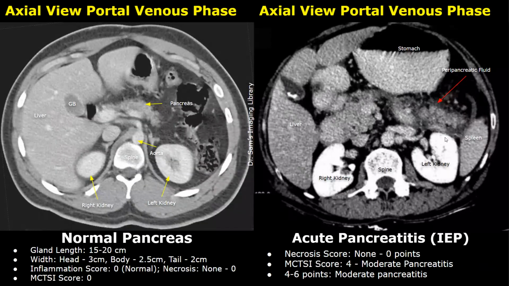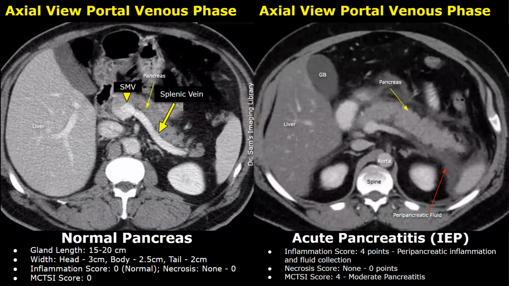This image is from a slightly lower level than the previous one. You can see more peripancreatic fluid here. The necrosis score is 0, so the total MCTSI score will be 4. It is moderate pancreatitis.